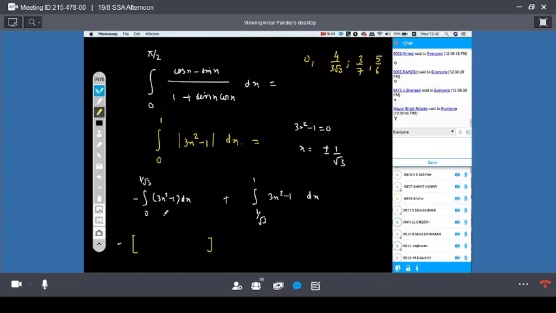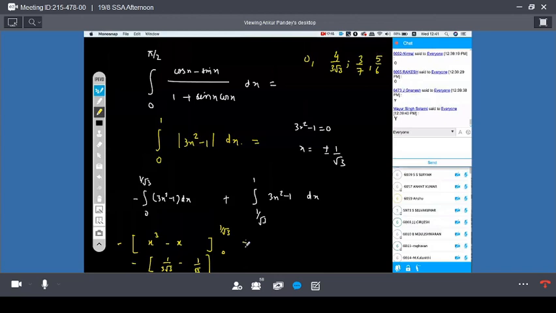X to the power 3 by 3, 3 and 3 got cancelled, so x cube minus x, between 1 by root 3 and 0. When you put 1 by root 3, you get minus sign of 1 by 3 root 3 minus 1 by root 3. Got it?